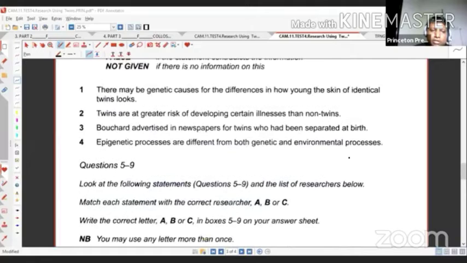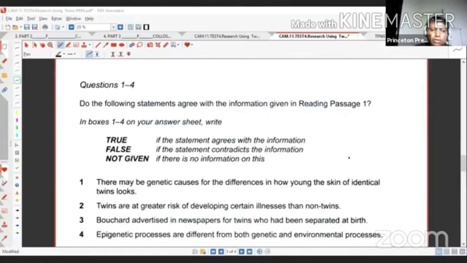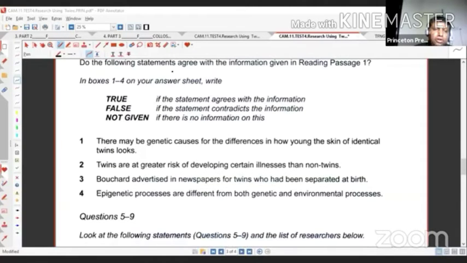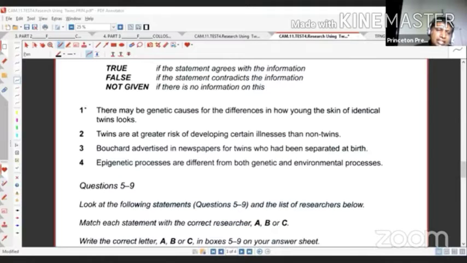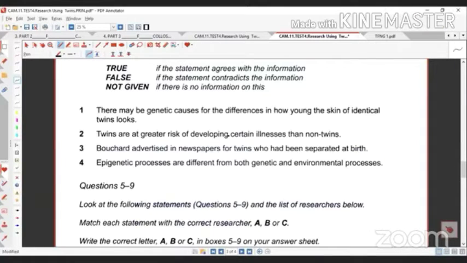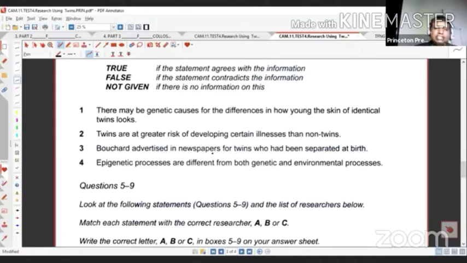Then we move on to the first one, true, false, not given. Is there any guarantee that we will find this question at the very beginning of the passage? No, sir. There's no guarantee. But in most cases, the first question comes first.